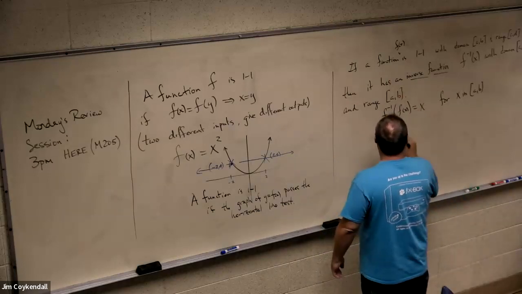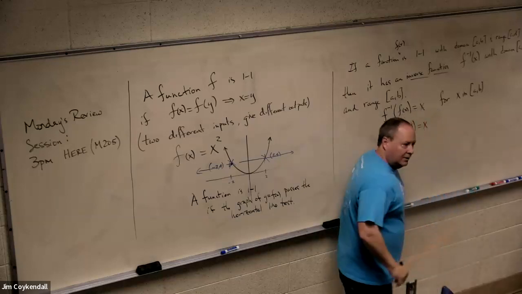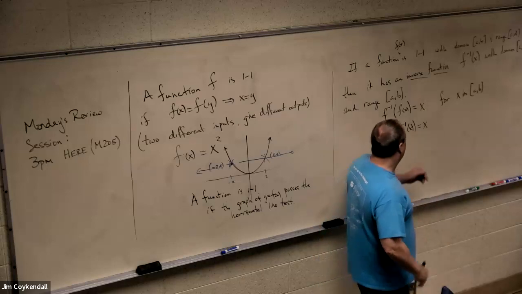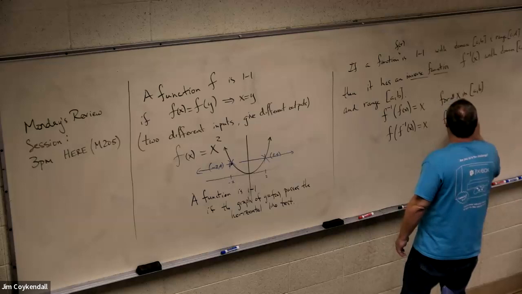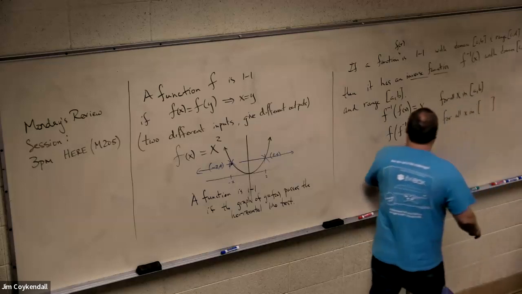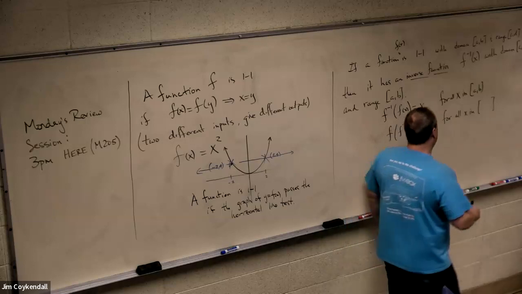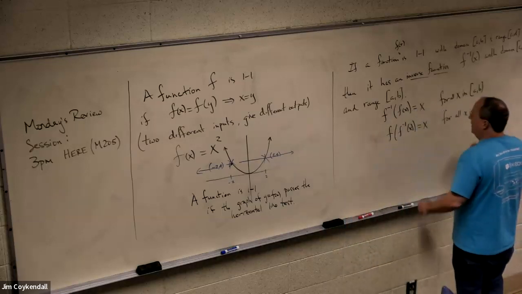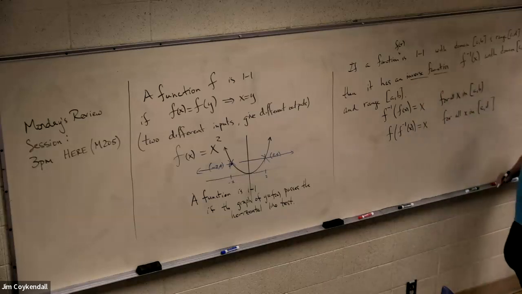And f of f inverse of x is also x, so it works on the other side. What's my appropriate range for x here? Exactly, C to D, because I'm plugging x into f inverse, which has that domain.